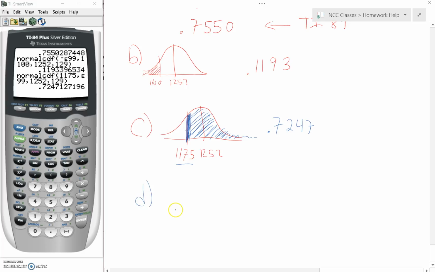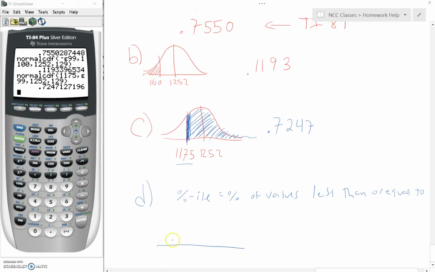Percentile rank is just asking for the percentage of values less than or equal to.